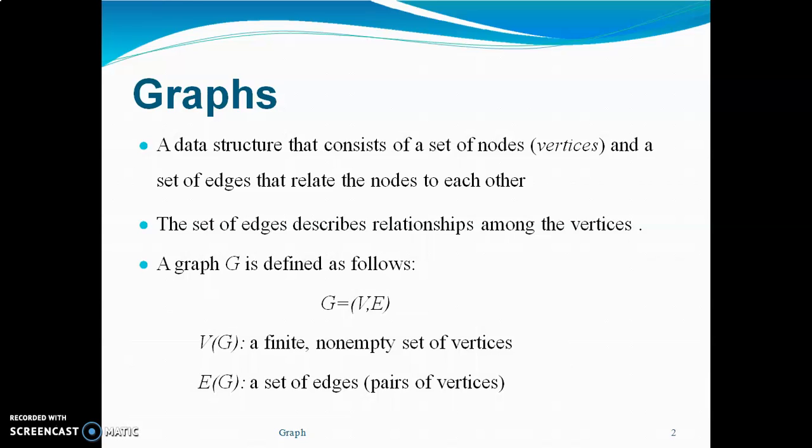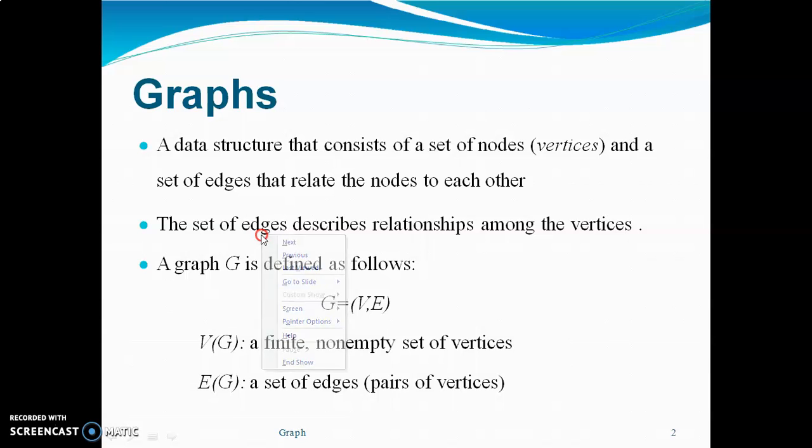These edges are the lines joining the nodes. One node is joined to another node with the help of an edge. Whenever a node is joined with another node, that particular edge is called the relationship between the two vertices, the two nodes.